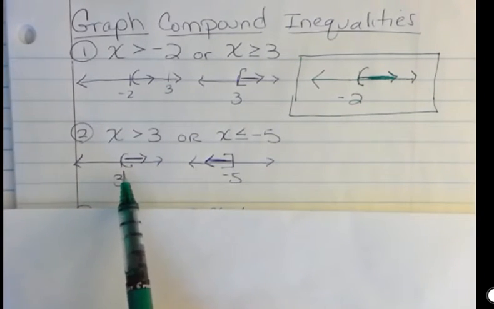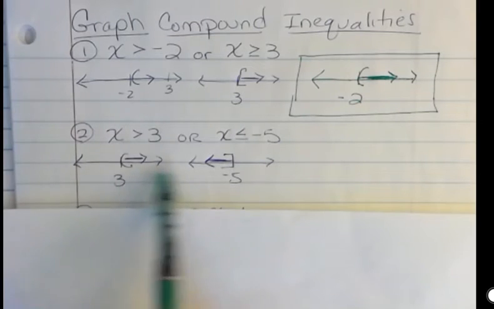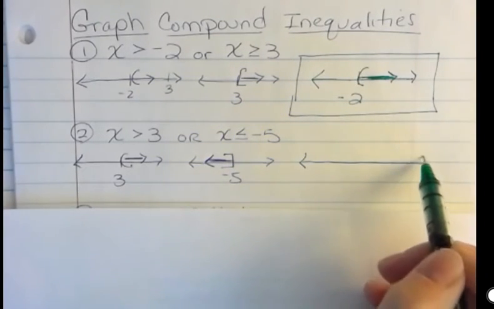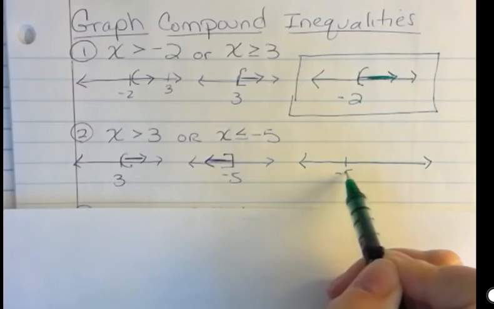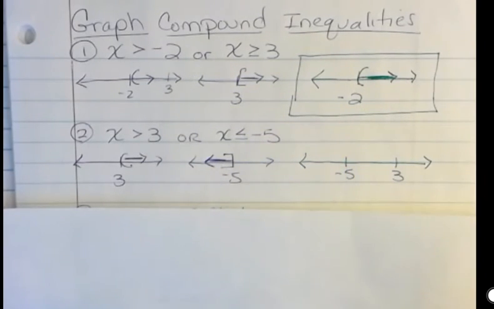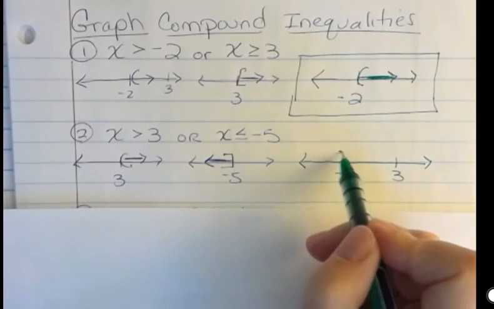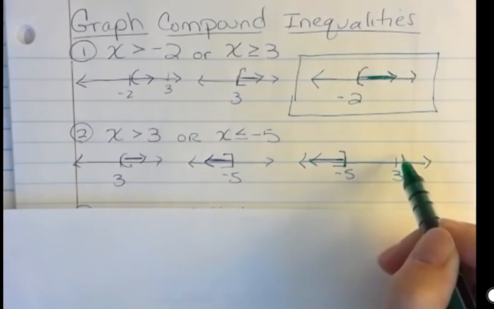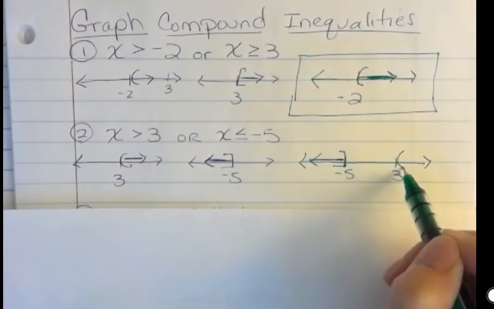Notice that on our graph, we're going from 3 forever to the right, and we're going from -5 forever to the left. Those don't actually cross each other. If I put -5 and 3 on my graph, I'd have -5 over here, and I'd have 3 over there. So I'm going forever to the left from -5, and I'm going forever to the right from 3.